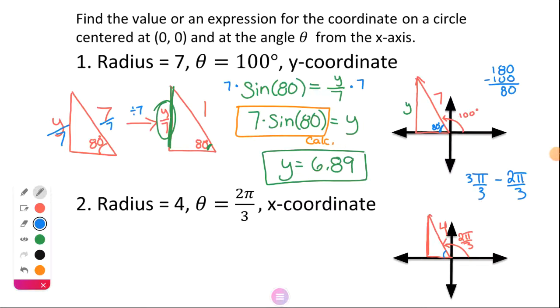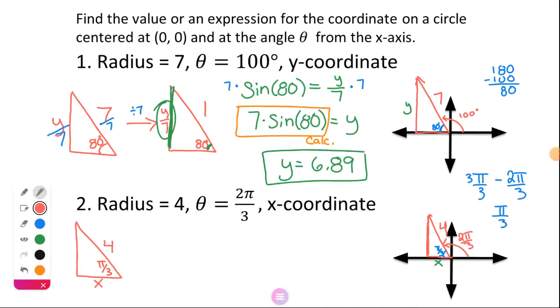It was 1, so it was easy. 3 minus 2 is 1, so we get 1 pi, or just pi over 3, is what's missing here. Our goal is to find the x value, that's down here. So if we bring our triangle over, we are looking at a reference angle of pi thirds. Our hypotenuse is 4, and we are looking for x down here.